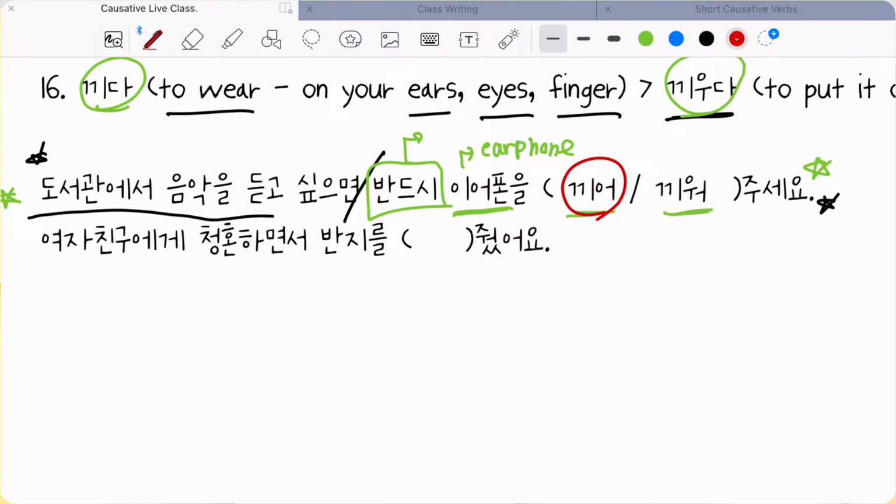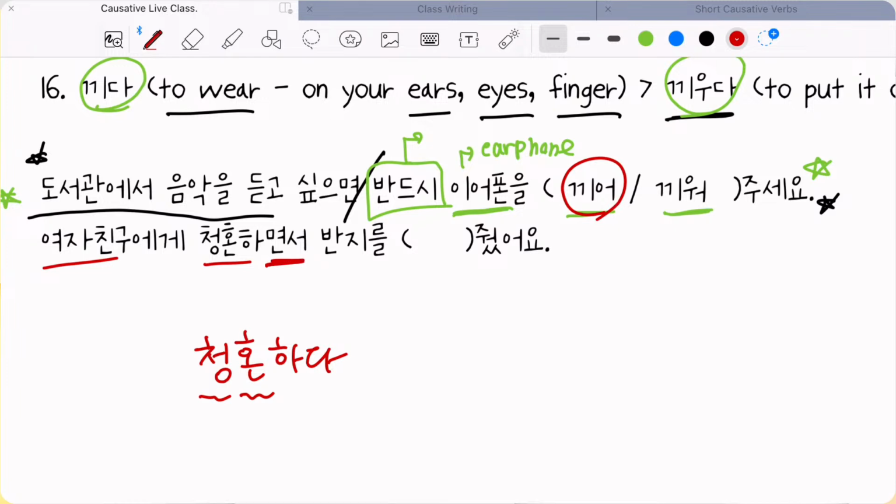여자친구에게 청혼하면서 반지를 blank 줬어요. 일단은 여자친구, girlfriend, and 청혼하다. It literally means to ask someone to 혼 from 결혼, ask someone to marry you. So 청혼하다 means to propose to somebody.